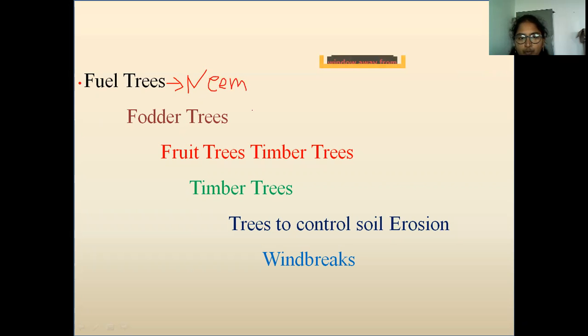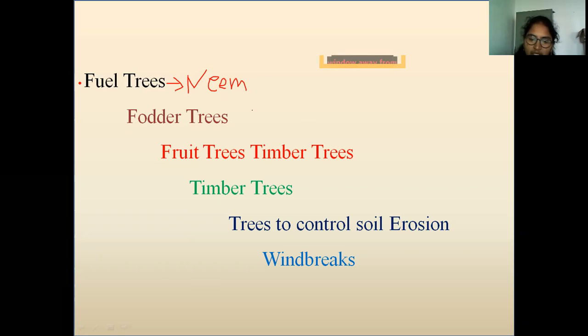And what about fodder trees, such as kachan and kathal? Fruit trees are drumstick, amla and also jamun, pear, peach and different types, etc.